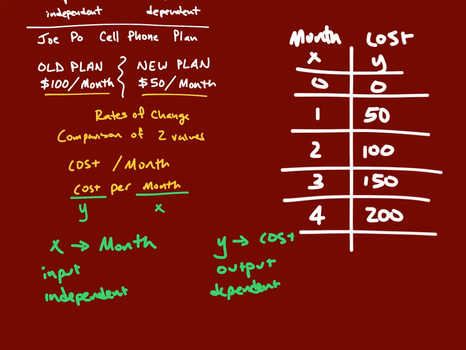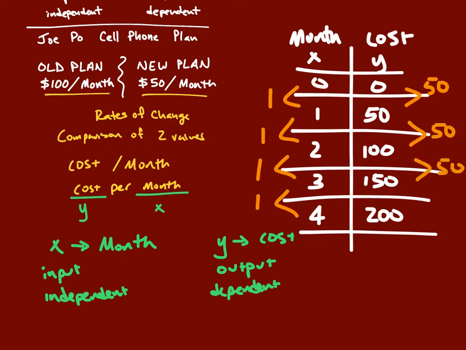What I want you to see here is that with this rate of change, as x increases by 1, my y value increases by 50.